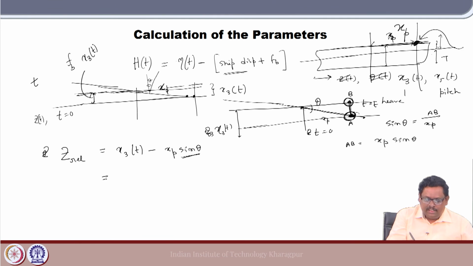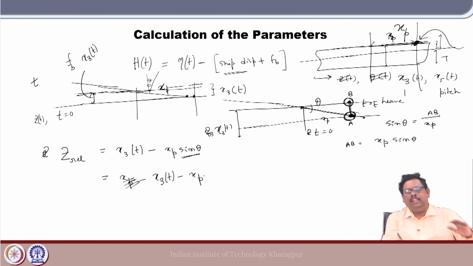So, finally, I can get z relative is x 3 t minus x p into theta. Now, theta is nothing but my pitch motion. Therefore, I can simply write x 3 t minus x p into x 5 t.